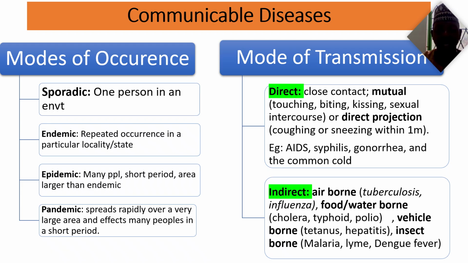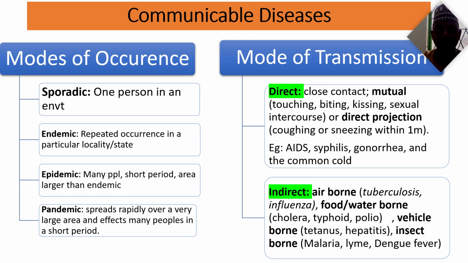When a mosquito bites an infected person with the malarial parasite, the parasite can be transmitted to an uninfected person when the mosquito bites that person. We have Lyme disease that is transmitted through tick, dengue fever transmitted through mosquito bite also. We also have diseases such as yellow fever and so on.